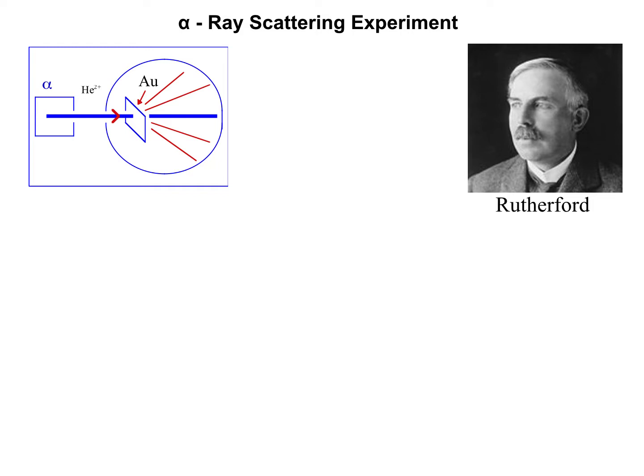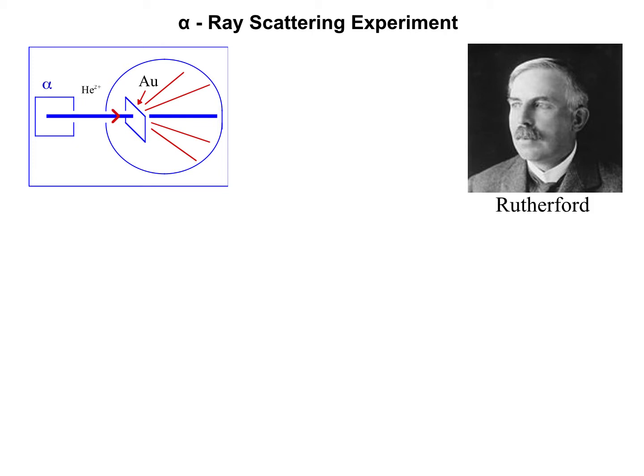The gold foil had no holes in it. It is a complete, clear, opaque gold foil. And alpha rays pass through as if it didn't exist. This was recorded by a photographic plate on the right-hand side. Occasionally, a few alpha ray particles were reflected back or deviated from the original position, but very few.